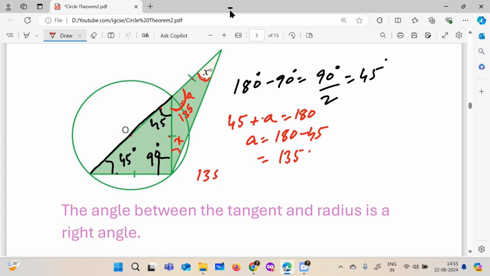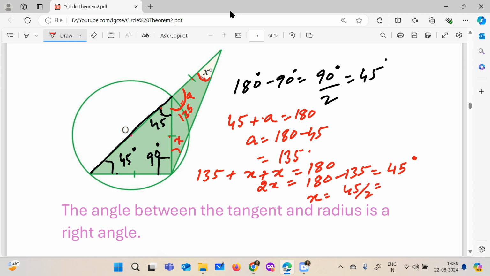So 135 plus x plus x is equal to 180 degrees. Hence you have 2x equals 180 minus 135, so that will give you 45 degrees. So x equals 45 over 2, that is 22.5 degrees. Is this clear to you? So x is 22.5, right? Now let's see another one.